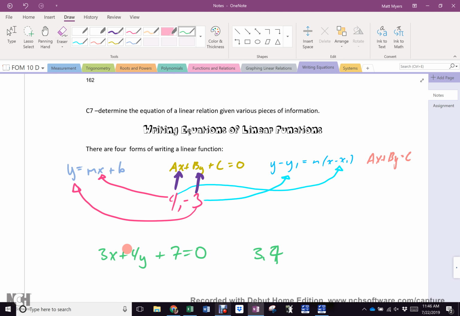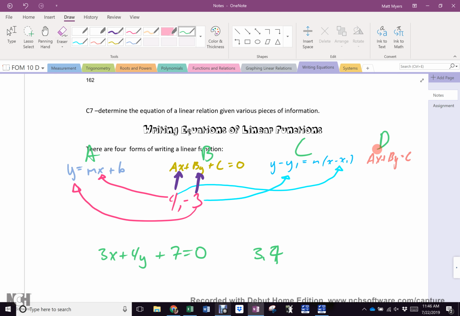All right. So if I were to give you a single point and a slope, which one of these should I use? Should I use blue, gold, light blue, or pink? I'll make it easier. A, B, C, or D. You have a single point and a slope. What would you use? C, point-slope form. You have a slope and the point 0, 7.